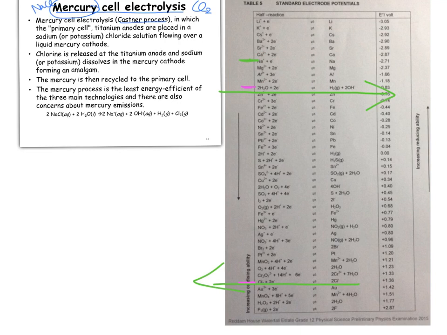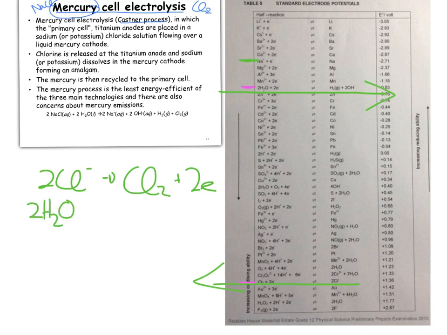So what do we have? We have 2 Cl⁻ becoming Cl₂ plus 2 electrons. Simultaneously, I'm going forwards on the other side. The water, because this is all happening in a solution, plus 2 electrons gives me hydrogen and OH⁻.